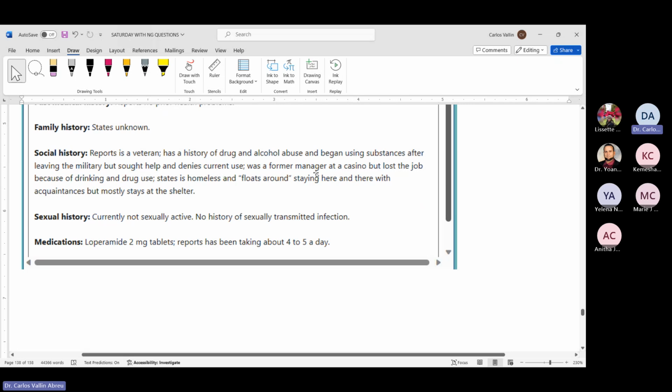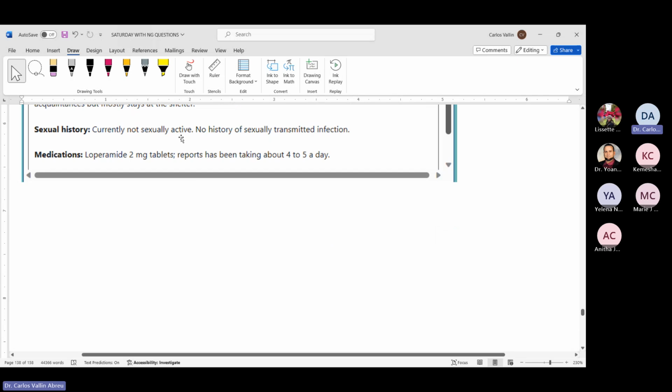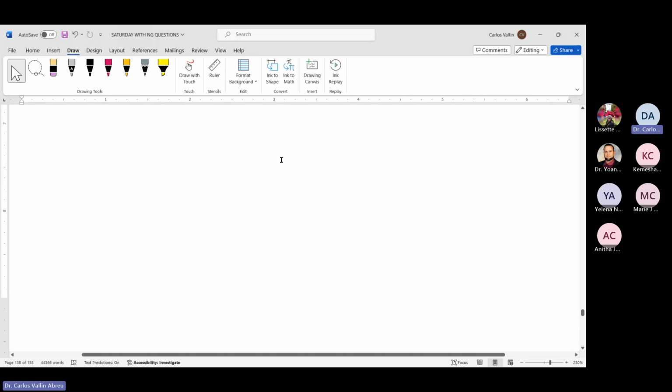Was a former manager at the casino, but lost the job because of drinking and drug use. States he is homeless and floats around, staying here and there with acquaintances, but mostly stays at the shelter. Currently not sexually active, no history of sexually transmitted infection. Medication: loperamide, 2 milligrams tablet, reports being taken for 4 to 5 days.